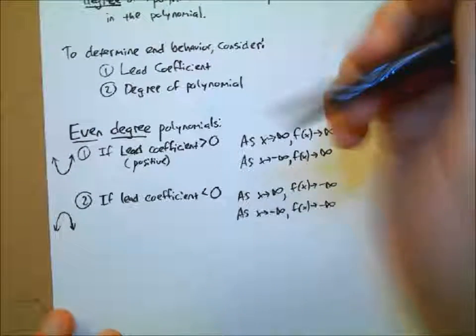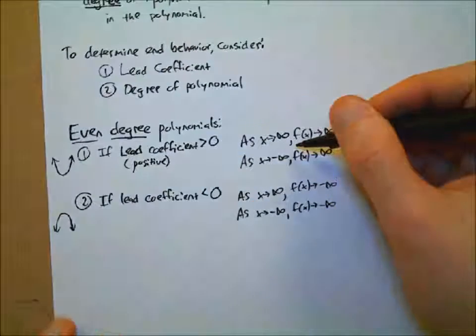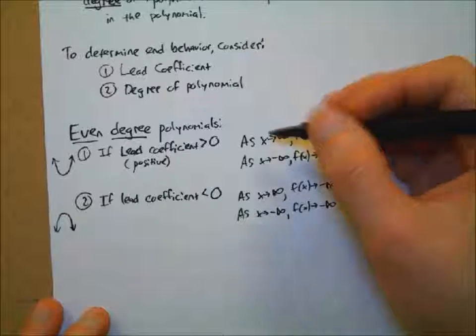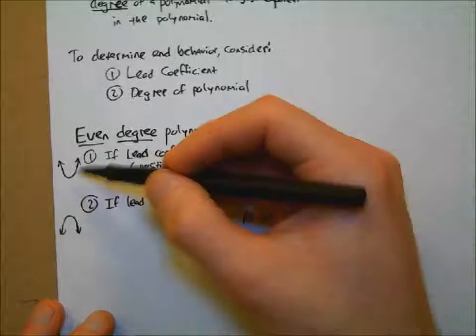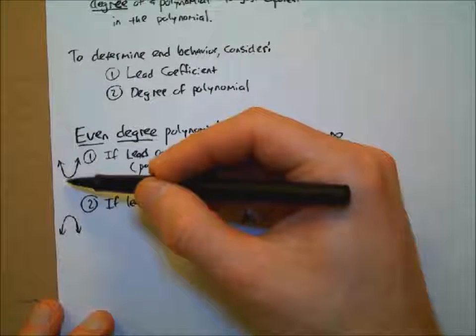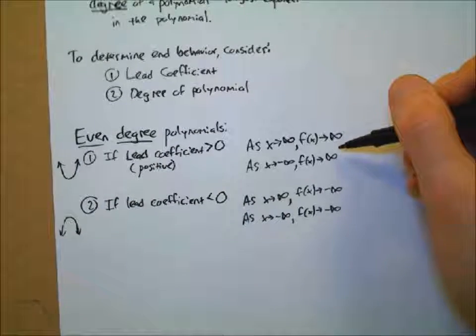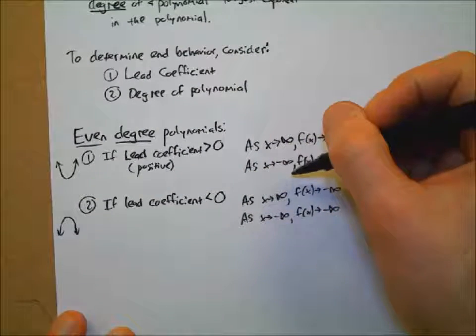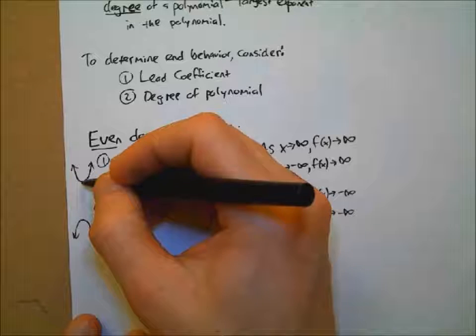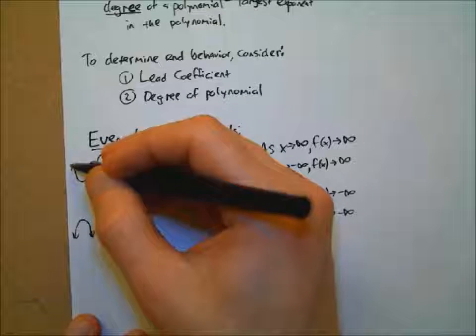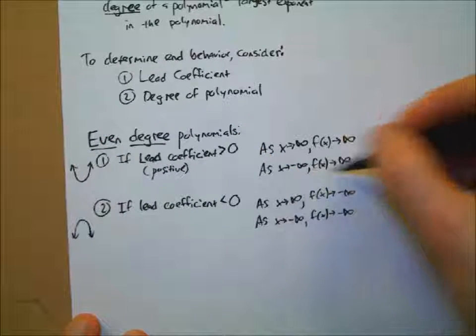But now with this, we're not always going left to right. So for example, as x approaches infinity, that is going left to right, and so it's going up towards positive infinity. That makes sense. But for this one, as x approaches negative infinity, we're now going right to left, and so we do describe this as an upward motion. We say it's going to positive infinity.